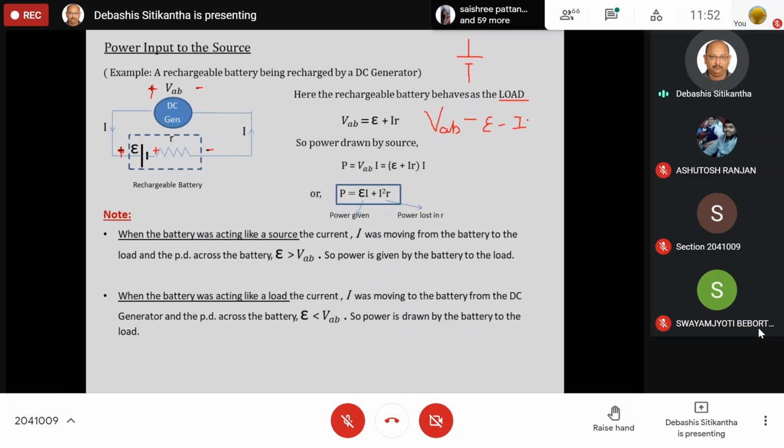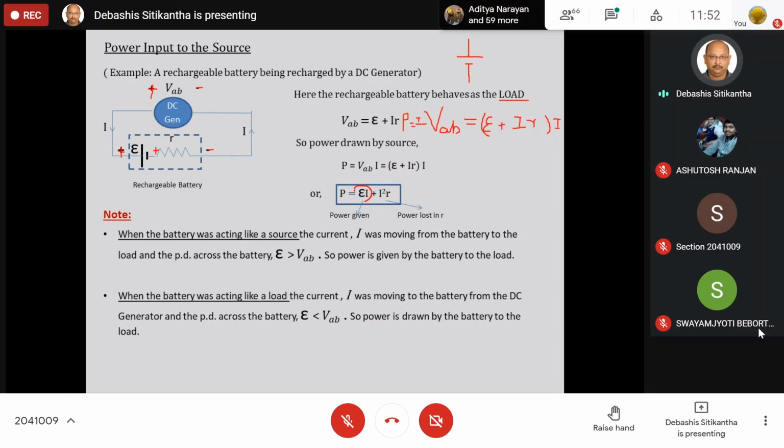Now if I take VAB to one side, the equation turns out to be E plus IR. Now what is the power drawn by this battery to get charged? It is I times VAB. So if I multiply I to this equation, what I get is P is equal to EI plus I square R.